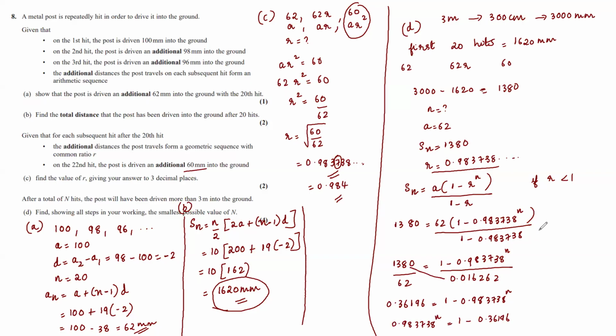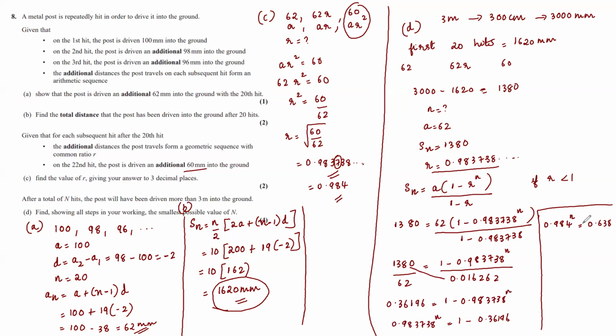That will give us 0.984 to the power of n is equal to 0.638. So we can use logarithm here.